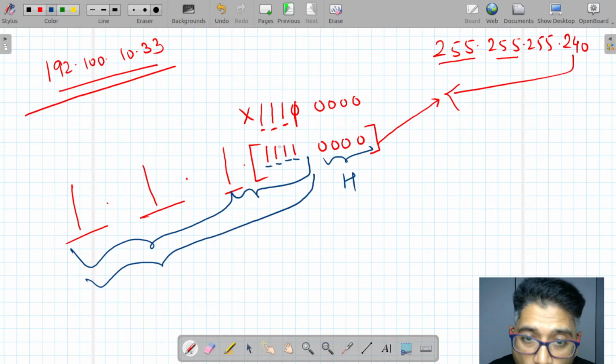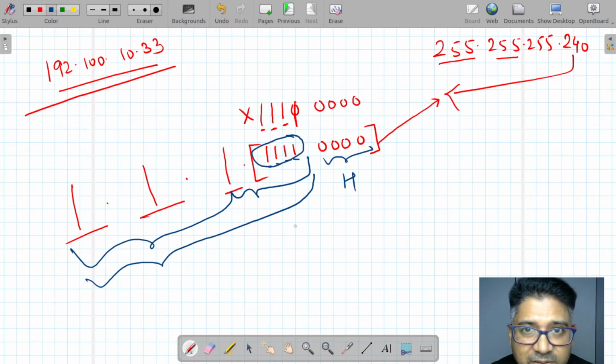So how many network bits are borrowed, guys? 4 bits, right? How many networks will they break into? 2 to the power 4, since you borrow 4 bits.